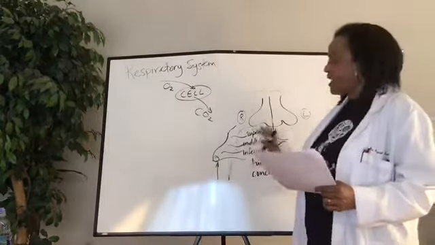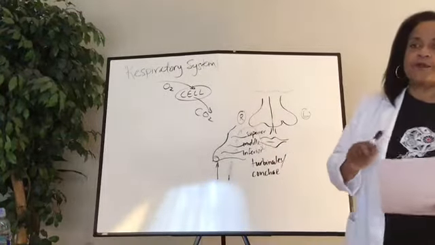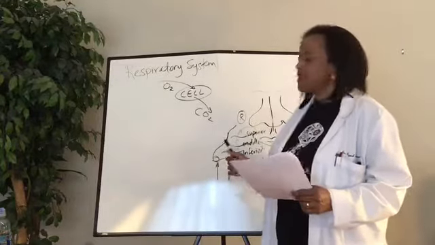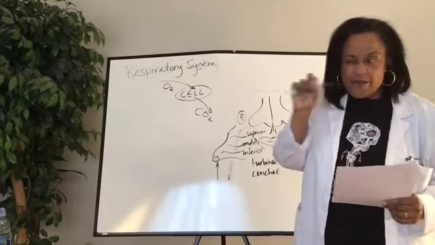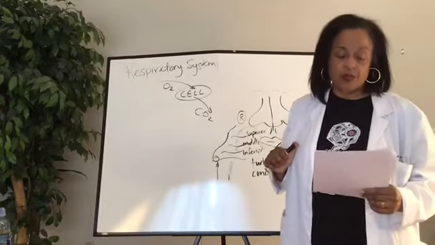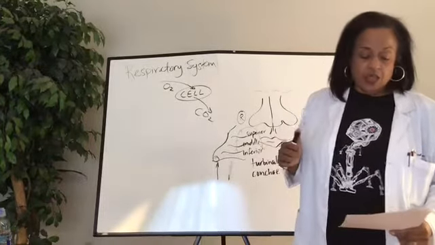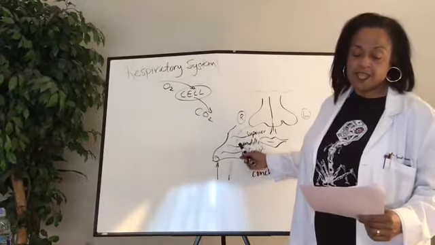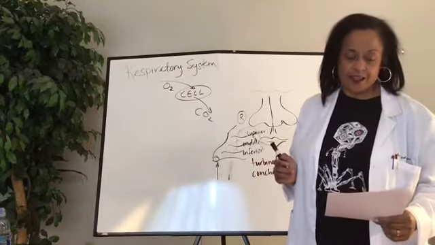But before we get into all that, I want you to know that this nostril here, the opening to the nose, that very first entrance is called the vestibule. The vestibule is located below the inferior turbinate, just inside the nasal cavity.